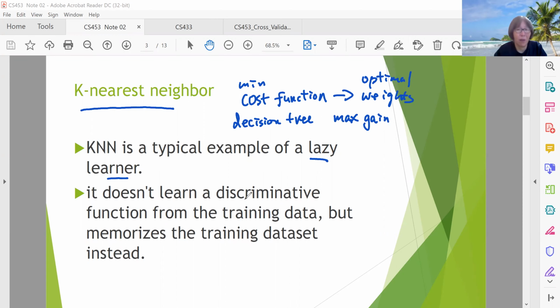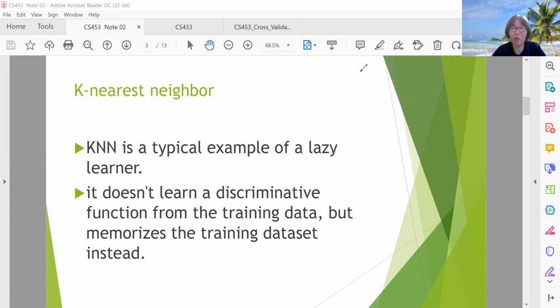Okay. But anyway, for KNN, it doesn't learn a discriminative function from the training data, but rather it memorizes the training data set. Okay, and if you recall previously, it doesn't involve memorizing, is it? So that's the big difference here. That's why we call it unsupervised.